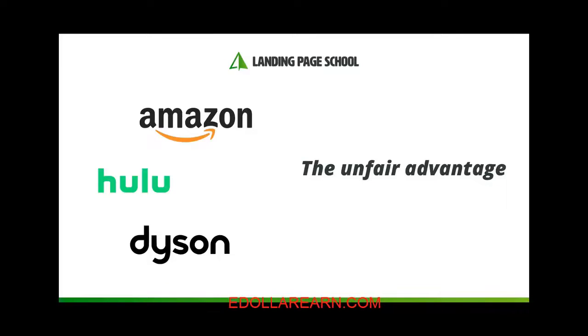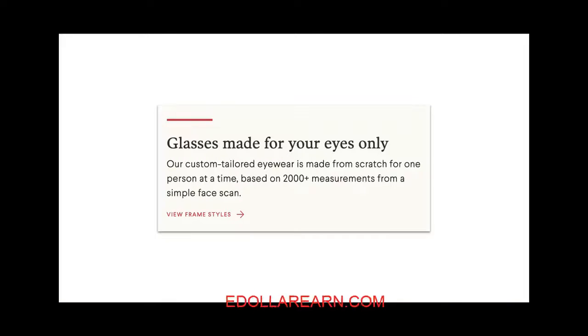So what's your unique advantage or unfair advantage for your product or service, and how will you relay it on your landing page? That's something to think about. For Topology, their unfair advantage is that thanks to their mobile app, they can custom make glasses that are made for you and you alone, based on over 2,000 measurements of your face.